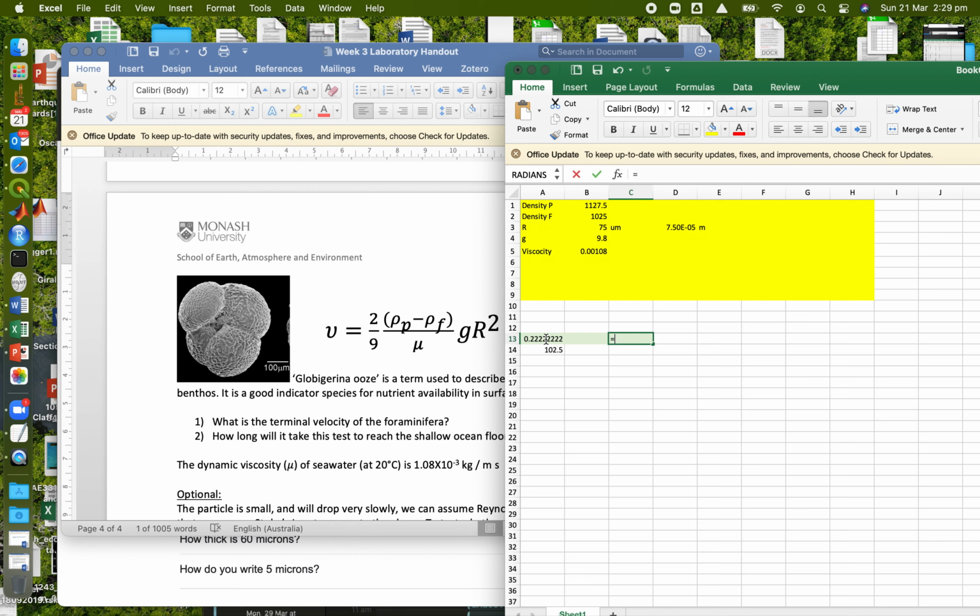Equals this number times this number divided by mu, viscosity, times G times this number squared. So here is the terminal velocity of the foraminifera in meters per second.